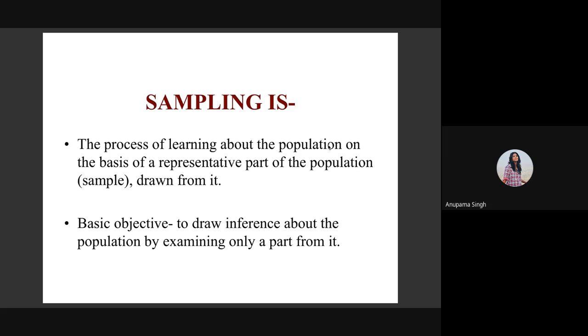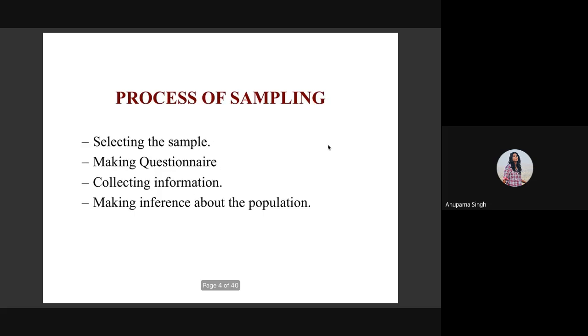So we are not going to examine the whole population. But we are going to study a very limited part of it, and we are going to draw important inferences or conclusions based on that study. So the whole process of sampling includes different kinds of steps: selecting a sample, making a questionnaire, collecting information, and making inference about the population.